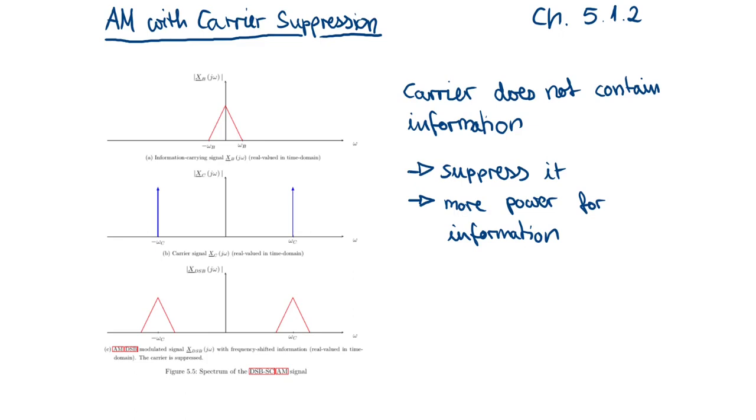The motivation is now to suppress the carrier transmission so that we save power and we can put more power into the sidebands or in the RF band so that the signal to noise ratio at the receiver side is better for reception.